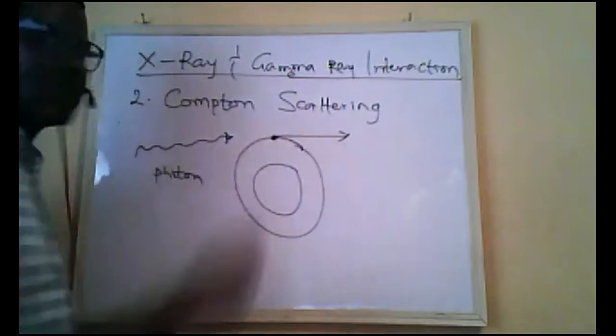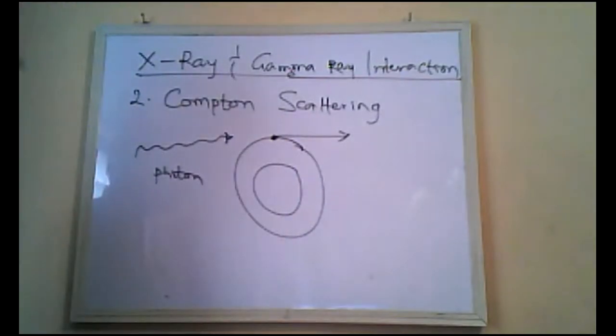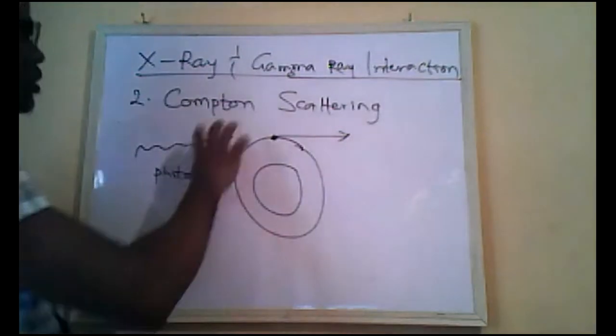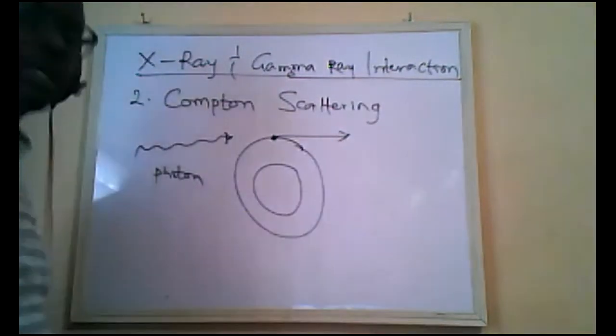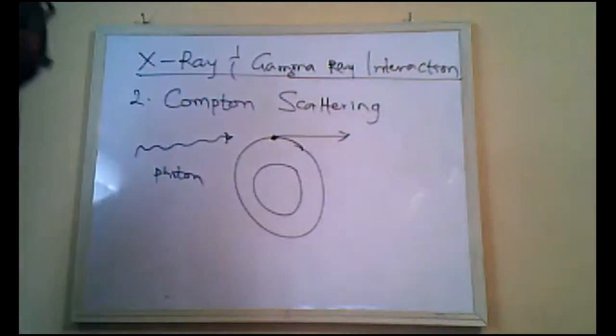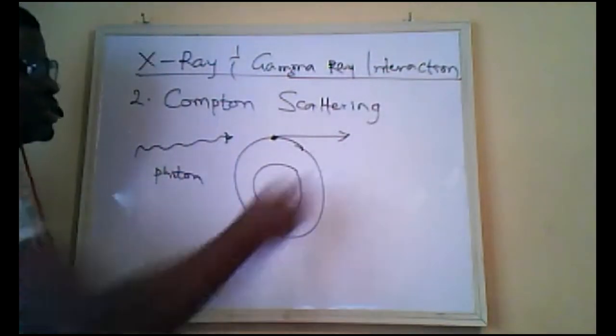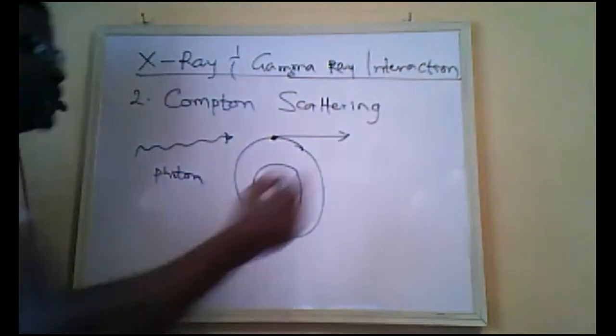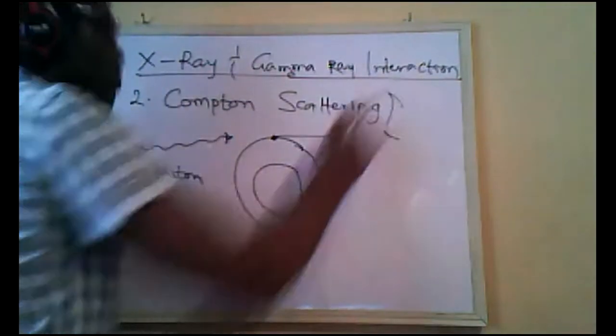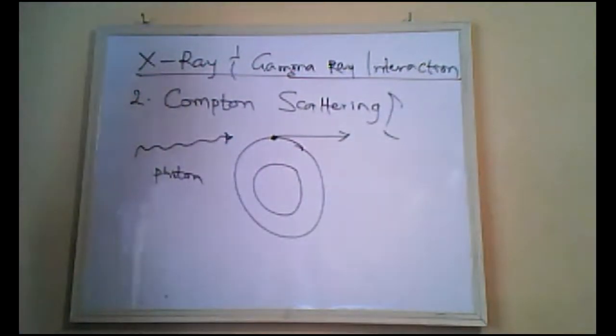The binding energy of the electron is very, very small. Like we were told before, this usually happens with the valence electron, and it is annoyingly a major portion of the interaction that we deal with in the energy range that we use in radiology.